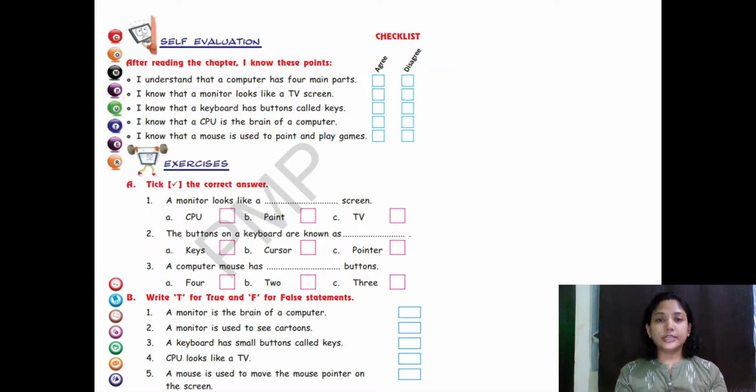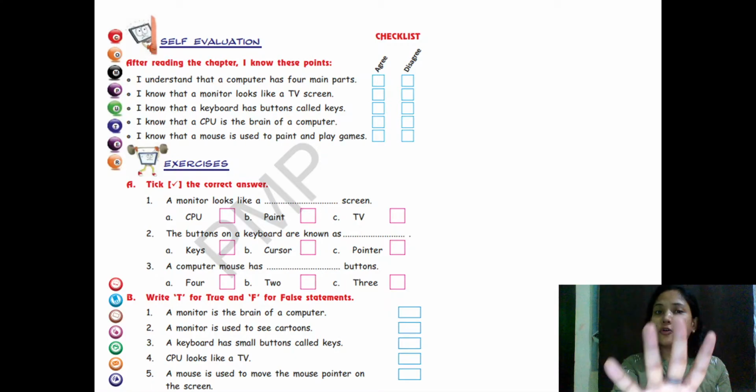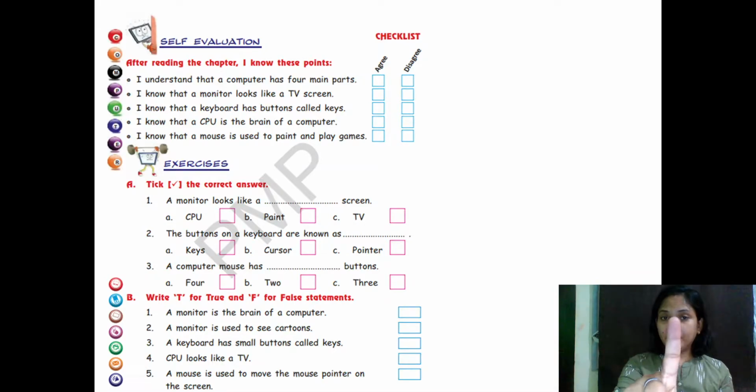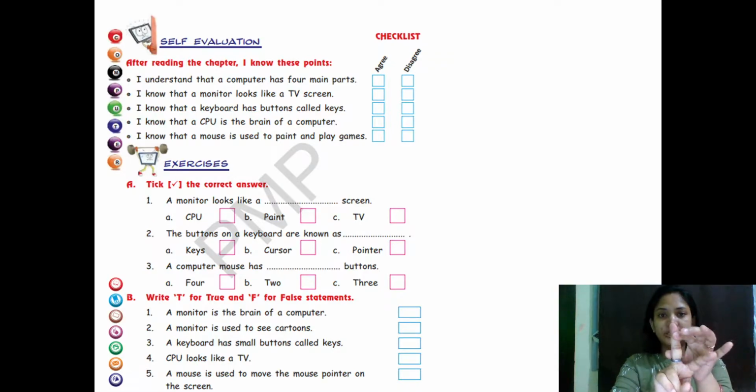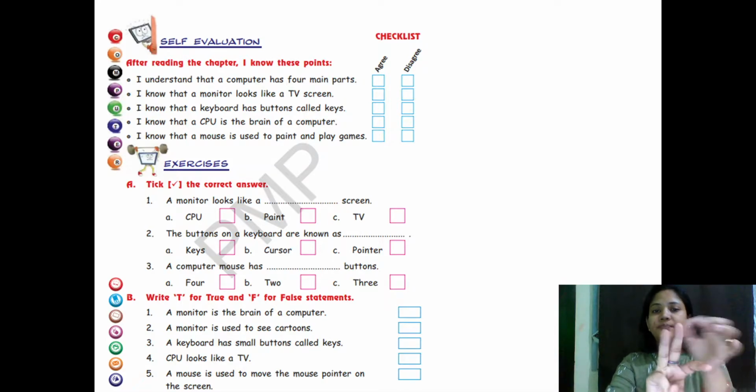Now, children, we already learned about the four parts of the computer. That is the CPU, the brain of the computer, who does calculations. We learned the keyboard, what it does: it types words and numbers.